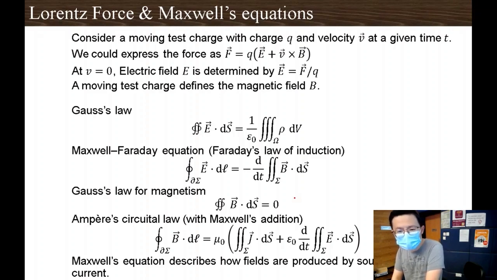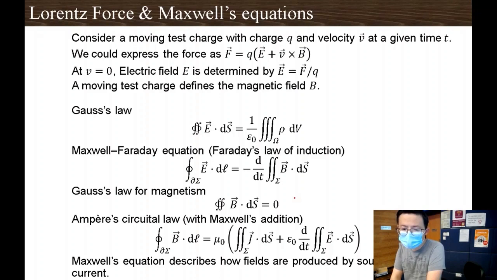This one actually defines the electric field and the B field. If you set the test charge at zero velocity, you can immediately find the electric field E by dividing out the charge q. And if you make the charge move, then you can find the magnetic field at that location. So this is how you get the fields from the test charge.